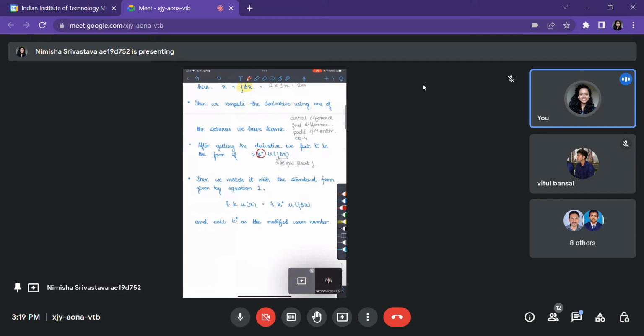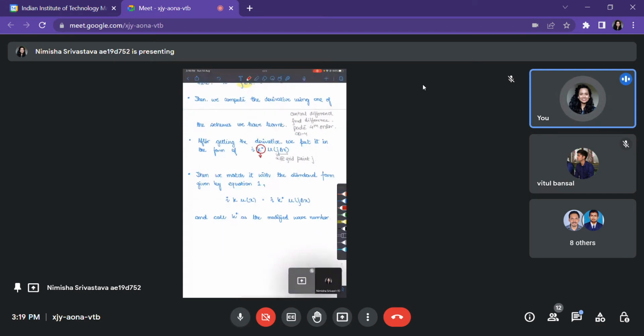Why am I calling it my modified wave number? Because after whatever operations that I have done, I have been able to get a form that is similar to my equation 1, and in that I am trying to compare what k looks like when I'm using the modified equation for finding out my derivative.